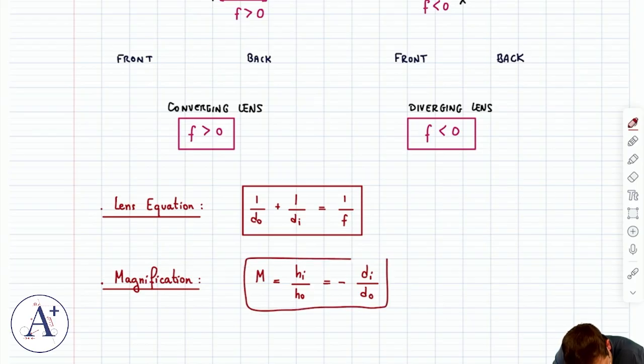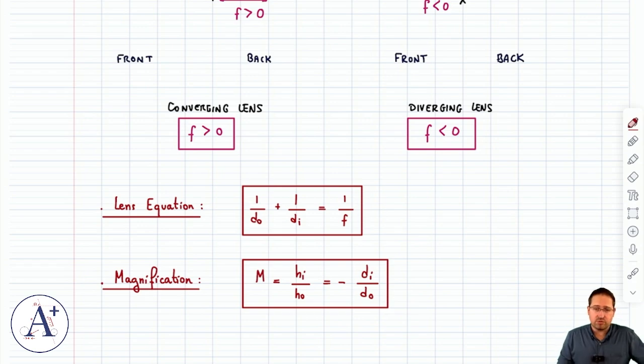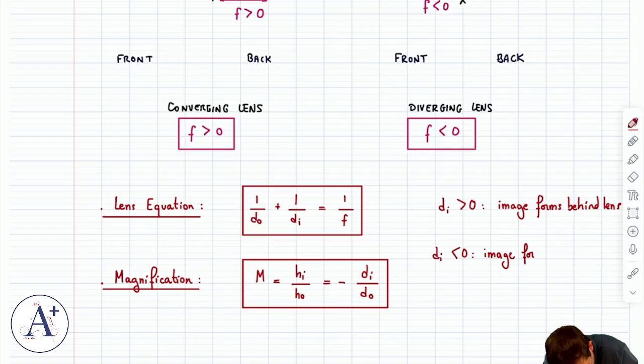So you have the same math in both cases, but like I said before, the only difference that you really have to pay attention to is the sign of the image distance. If d image is positive, the image forms behind the lens. If d image is negative, the image forms in front of the lens.